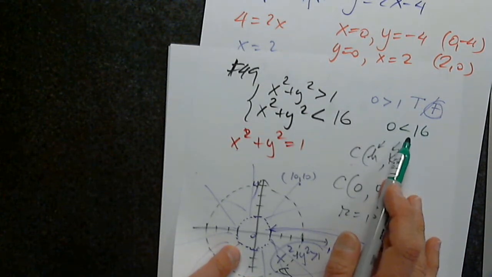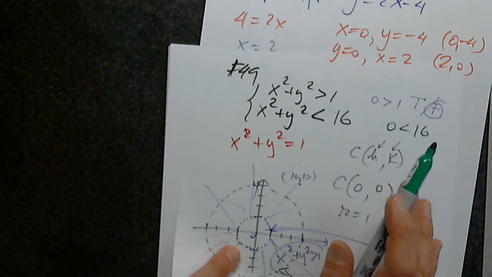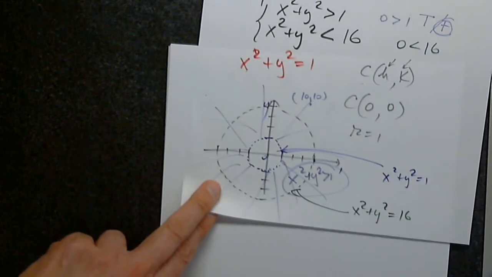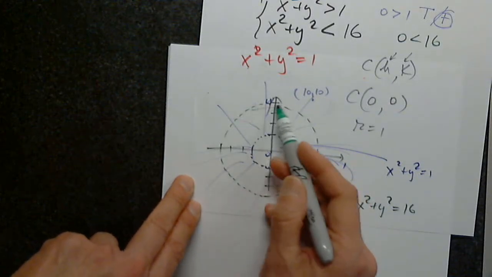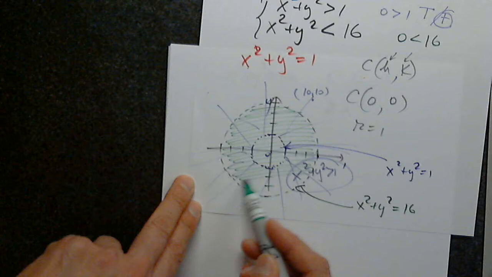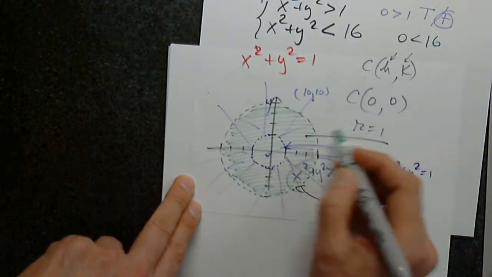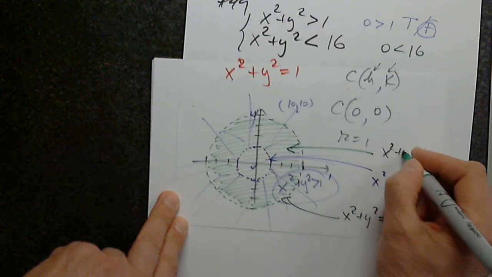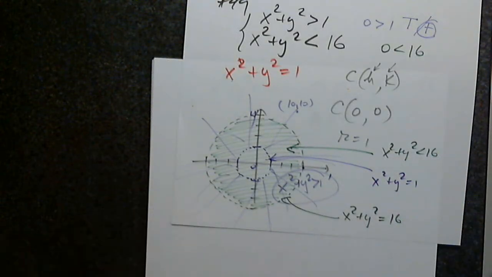If you say true, I will shade in the inside. If you say it's false, I will shade in the outside. True. The green territory, the inside of this circle, represents x squared plus y squared less than 16.